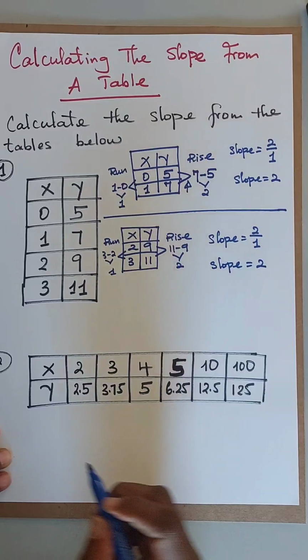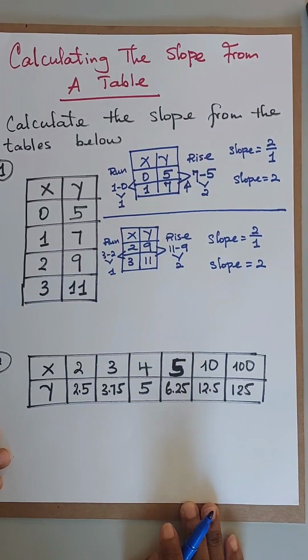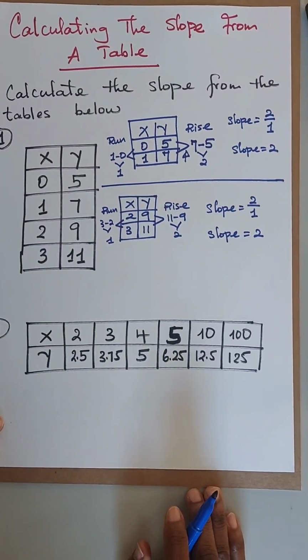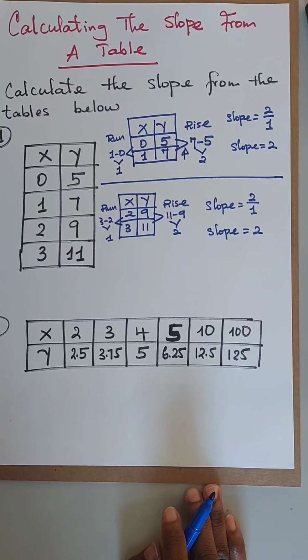Okay, with that in mind, given that this second table represents a linear function, we can use any 2 points to find the slope.